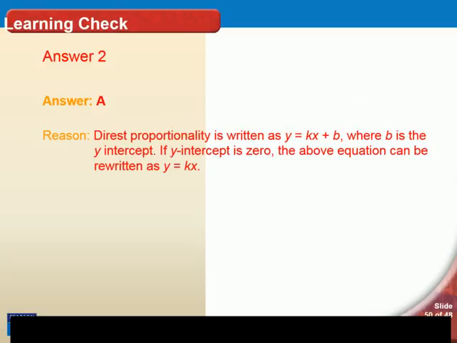That is the equation for a straight line, where b is a y-intercept. If the y-intercept is 0, the above equation can be rewritten as y equals kx, which is the equation that you see in your book, and that's the version of the equation that you're going to see on the quiz and on your test.